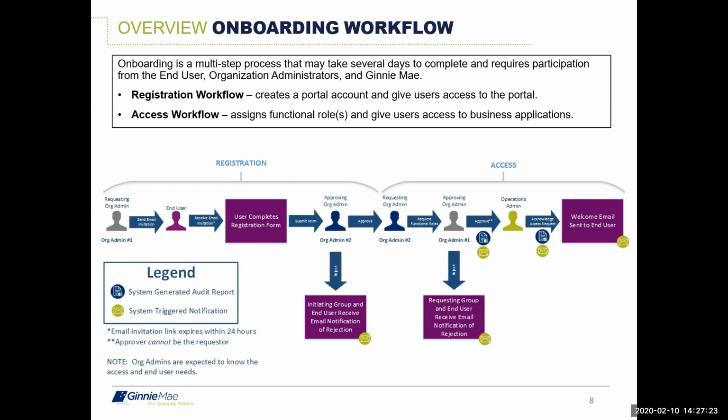They will have to enable your account, request functional roles again. A second administrator will have to come in and approve those functional roles so that the operations administrator can give final approval in order for you to have system access again. So as you can see, there's several people and several steps involved if you do not keep your account status active.